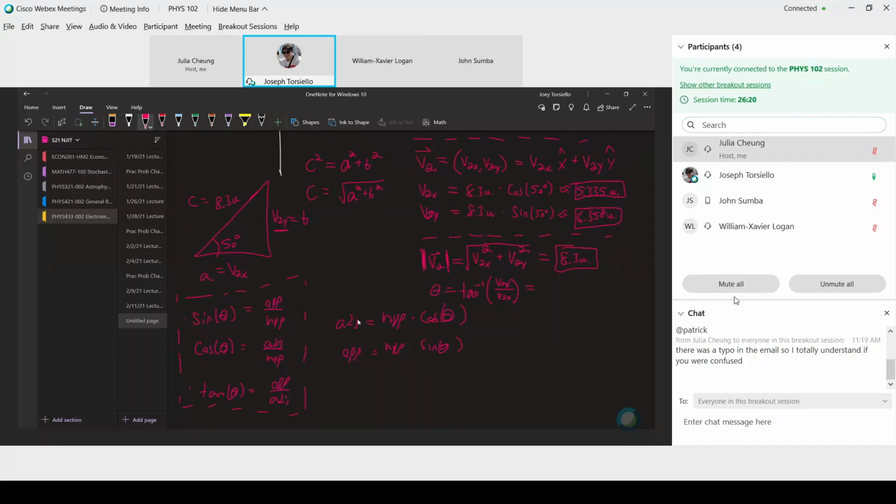Now, if you find the length first, the length is the hypotenuse, right? It's 8.3. It's the hypotenuse of this right triangle. So if you do find the length first, you could use sine, for example. You could do theta is equal to the inverse sine of the opposite over the hypotenuse, because you have v2y and you have the length.